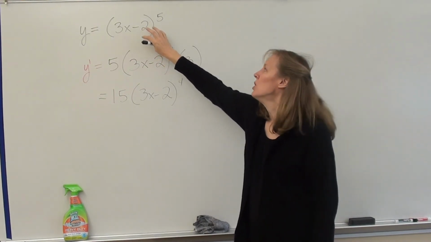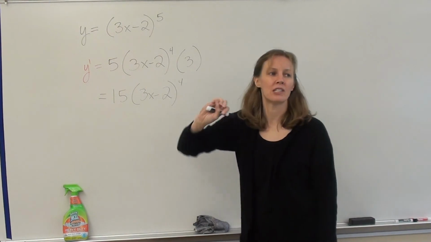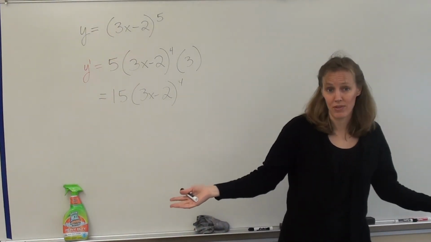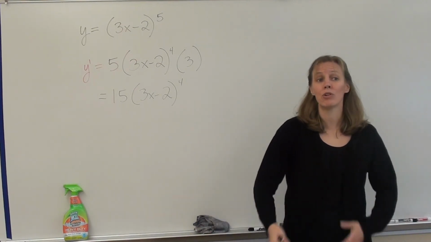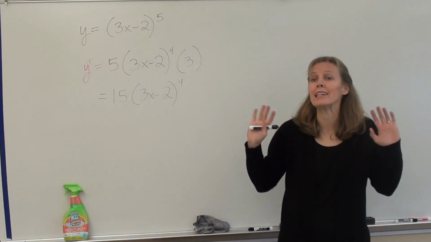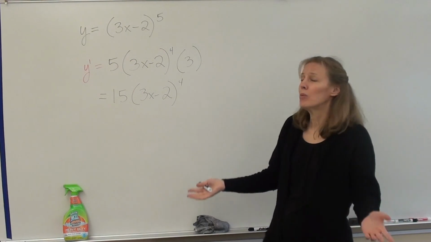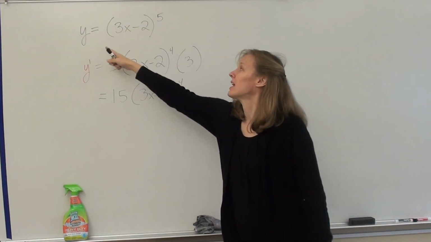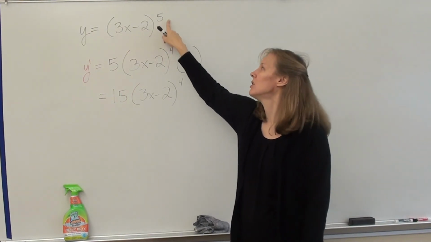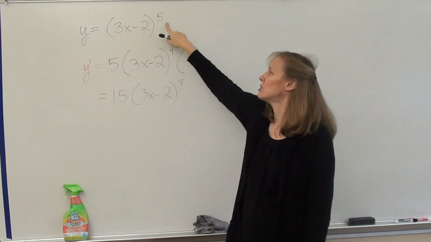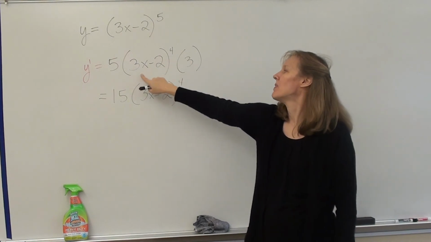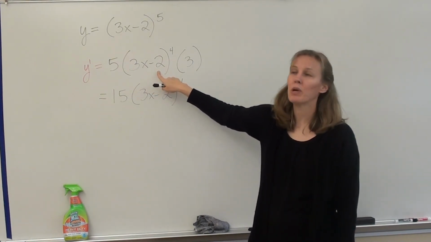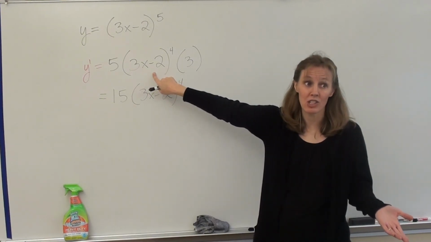So when your argument is something other than just x, like so far you've just been doing x to the 5th, now you have the quantity 3x minus 2 to the 5th. When your argument is no longer just x, you still do the same kind of derivative. You still multiply by the exponent and reduce it by 1. That argument never changes. But we have to take into account that it's not just x.